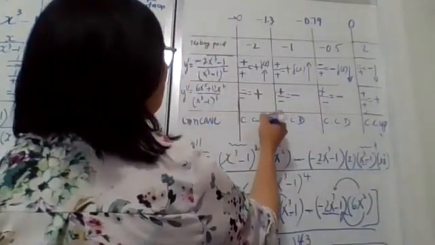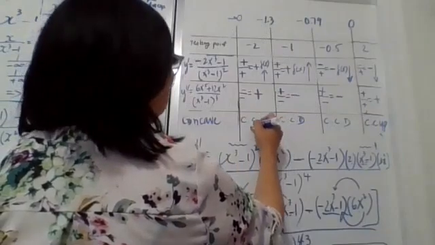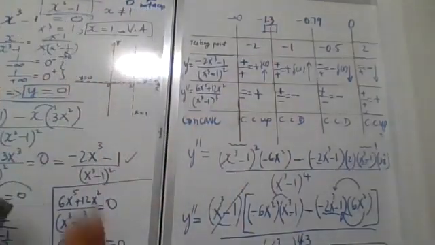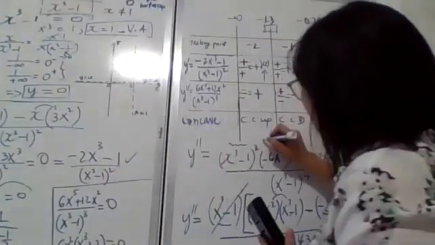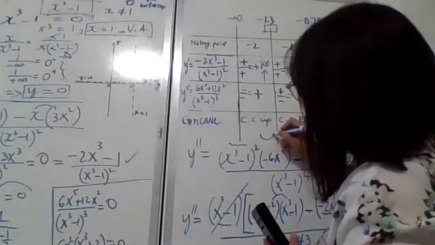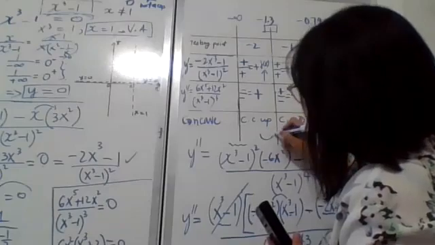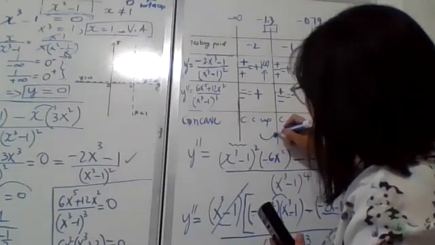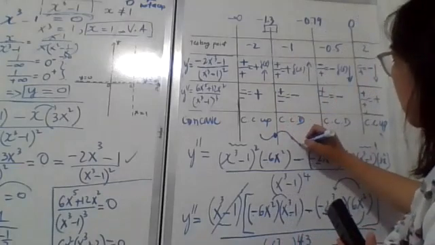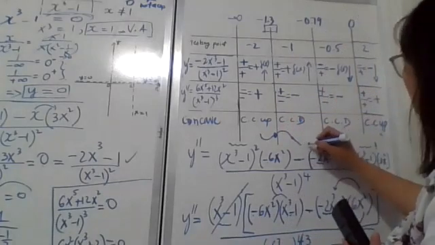So what does this function look like? Concave up looks like this, and we have an inflection point at this point, right? Our inflection point. So we have concave up, then an inflection point here, so concave down. And then it continues concave down, right?